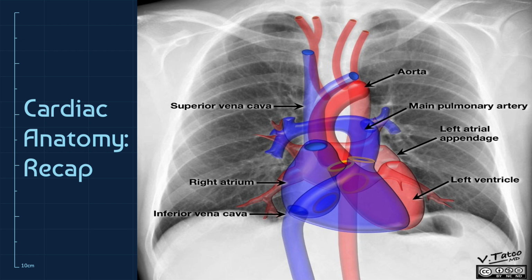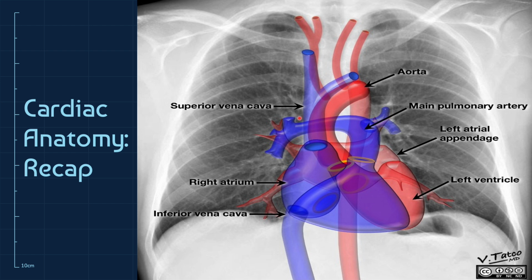So when we look at the right border of the heart, we know it's mainly formed by the right atrium. The posterior border is mainly the right ventricle. The left border of the heart is partially the left ventricle and slightly partially the right atrial appendage.